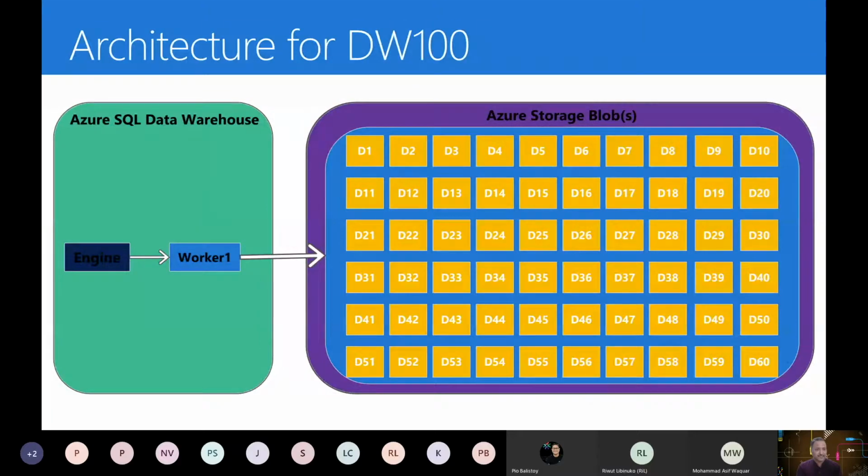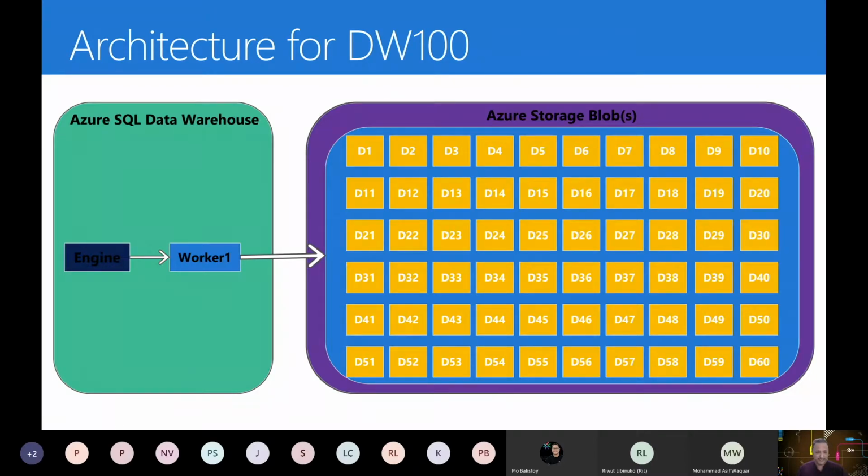So how do these data warehouse units impact the execution? If you remember, I created DW100 as the degree of parallelism, or the number of parallel nodes, for my data warehouse instance. That is where the SQL data warehouse engine creates that many workers to work with those 16 partitions of the data that is in my storage layer.